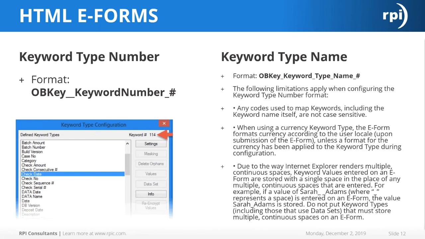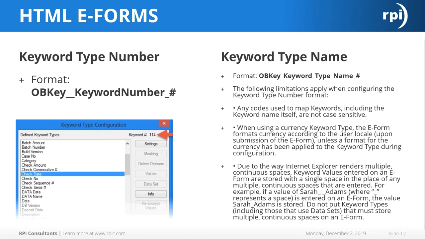You'll notice that OB key is followed by 2 underscore characters, which I know is kind of hard to tell on the screen when you're using a keyword number. The keyword number is assigned to the keyword type when the keyword type is created. So again, the keyword number would be that 114 that I'm showing there on the screen. And then the number is the occurrence of the keyword on the form.